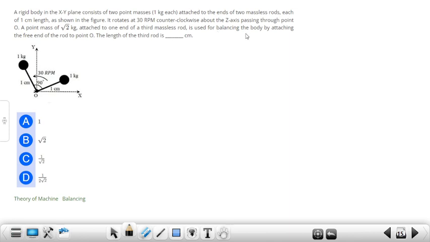It is used for balancing the rod by attaching the free end at point O. The length of the third rod is dash centimeter.